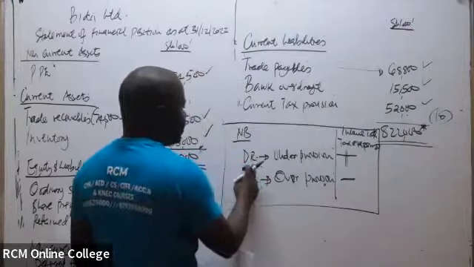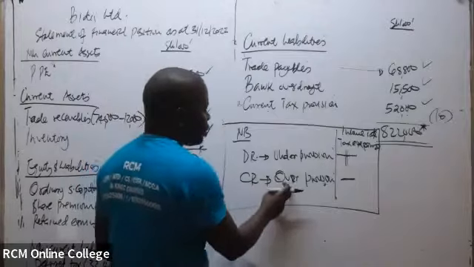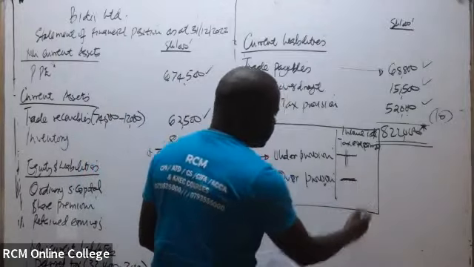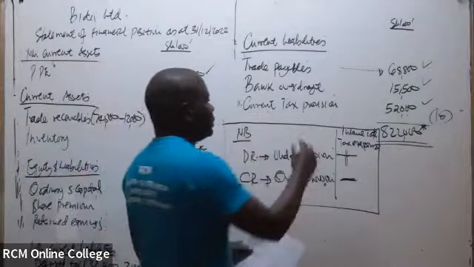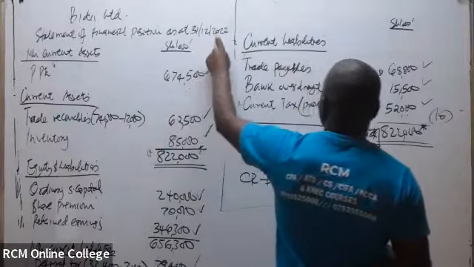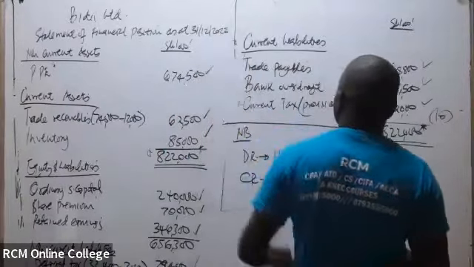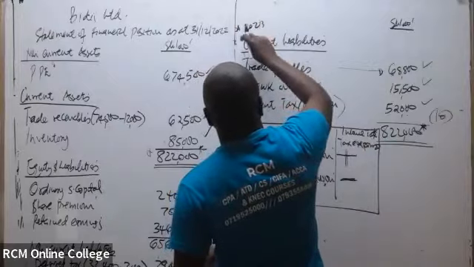So if it's on the debit side, it is an under provision, you add. If it's on the credit side, it is an over provision, therefore you deduct. Remember, with this particular tax, they make a provision. This one is 2022, and they won't pay it in 2022. They'll pay it in 2023.